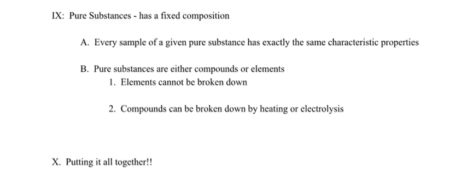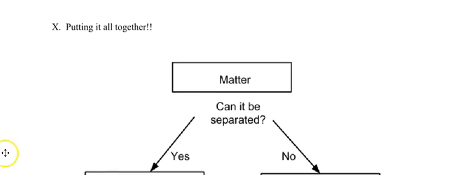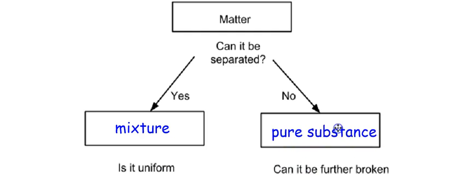So finally, to put this whole thing together, everything is matter. So the question is, can the matter be separated by physical means? All right. If the answer is yes, then it is a mixture. And that's where we use the separatory funnel and the distillation and the filtering. If it cannot be separated, then we call it a pure substance. Okay.